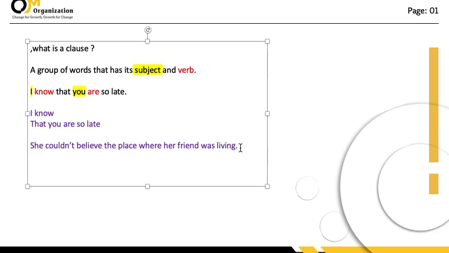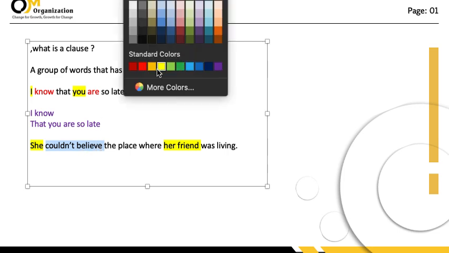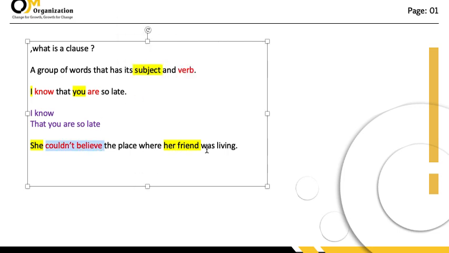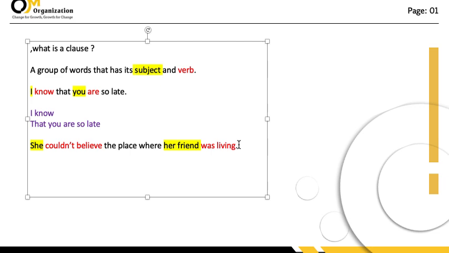So again, how many clauses do we have here? We have our subject, then we have her friend, the second subject. We have couldn't believe, so it's our verb, a modal, then we have the base form of the verb. Then we have was living. So up to here, how many clauses do we have?